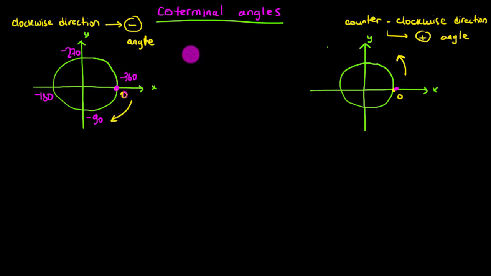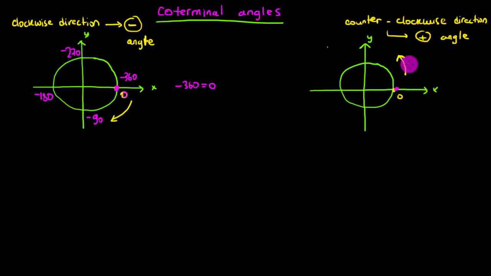So it means that minus 360 is equal to 0. They are the same because they have a common point. The same logic applies if you move in the counterclockwise direction: all the angles will have positive values.